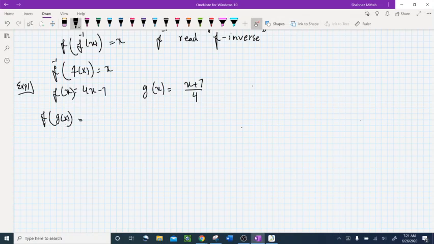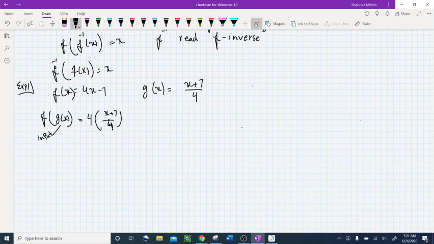So I have the f of x function right there. I'm substituting g of x for x: the 4 stays as a 4, and for the x I'm replacing it with g of x, (x plus 7) over 4. I already said that g of x is the input, like a regular x.